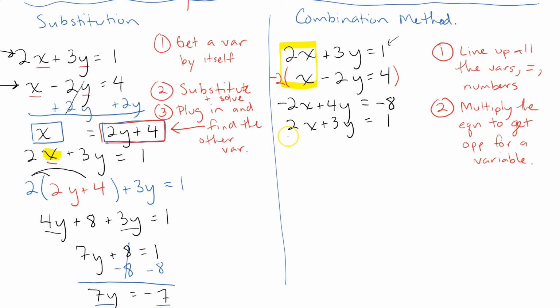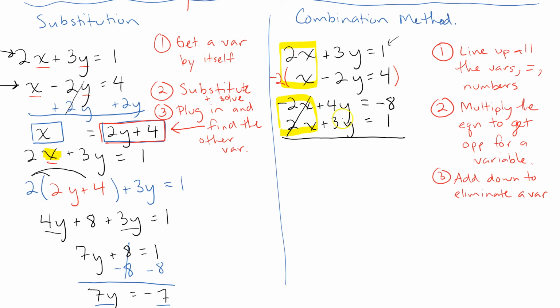Now if you notice, our x's, because I multiplied by negative 2, we have a negative 2 and a positive 2. They are opposites. So after we have opposites, then what we're going to do is add straight down to eliminate a variable. So when I add straight down, 2 and negative 2 cancel out because we got opposites.